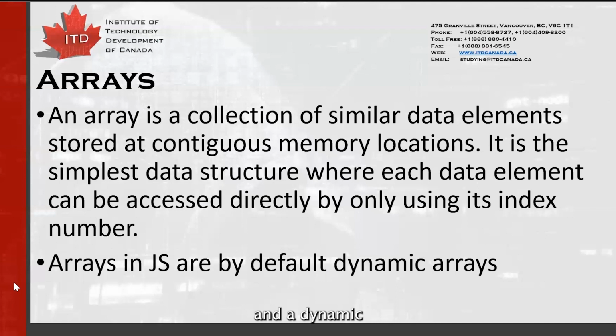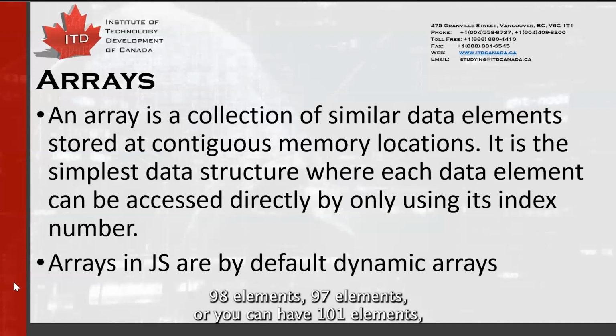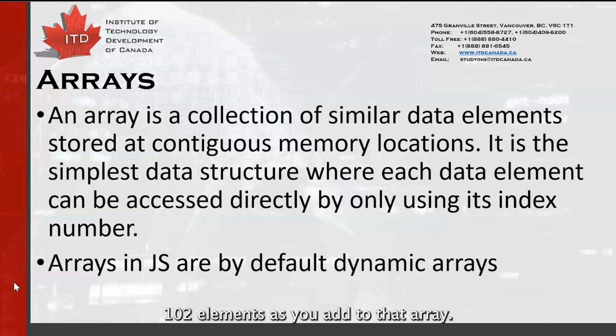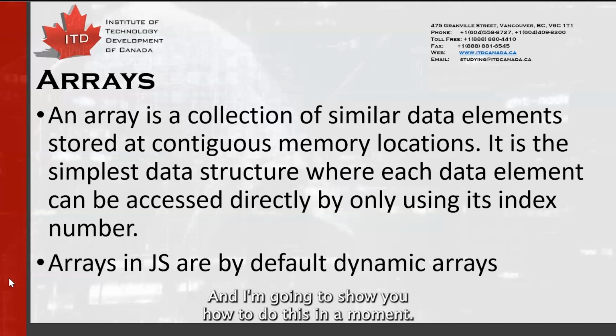And a dynamic array means that you can add elements to it and you can remove elements from it. So even though you have, let's say, 100 elements in your array, you can then have 99, 98, 97 elements, or you can have 101, 102 elements as you add to that array. And I'm going to show you how to do this in a moment.